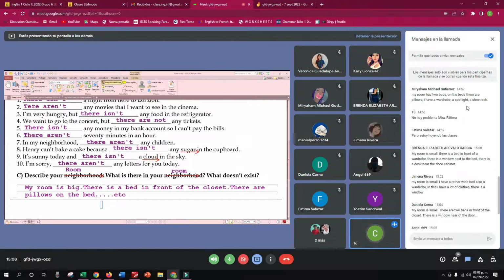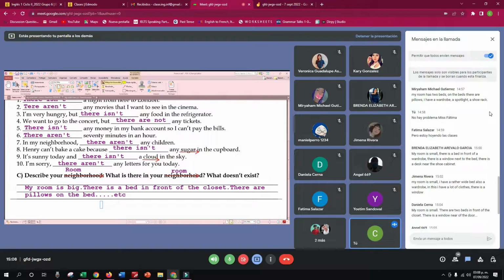Nice. So, just Miriam, in the first word, my, just write a capital letter. Recuerda, Miriam, siempre que comiences un párrafo, tienes que comenzarlo con inicial mayúscula, ¿verdad? De lo demás está bien. Solo my room, capital letter, ¿ok?